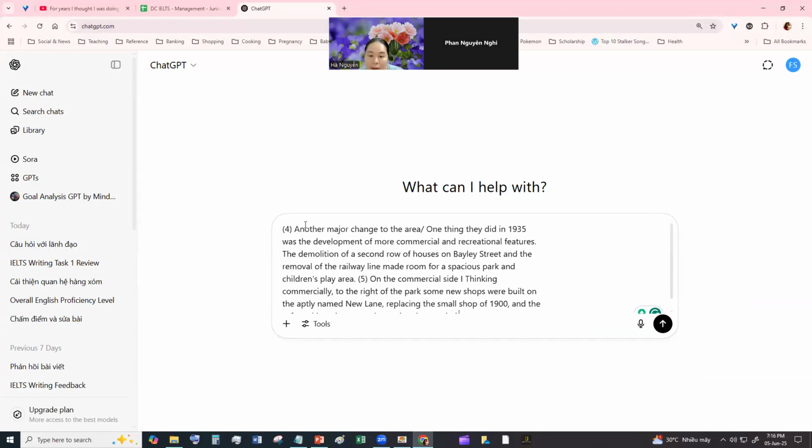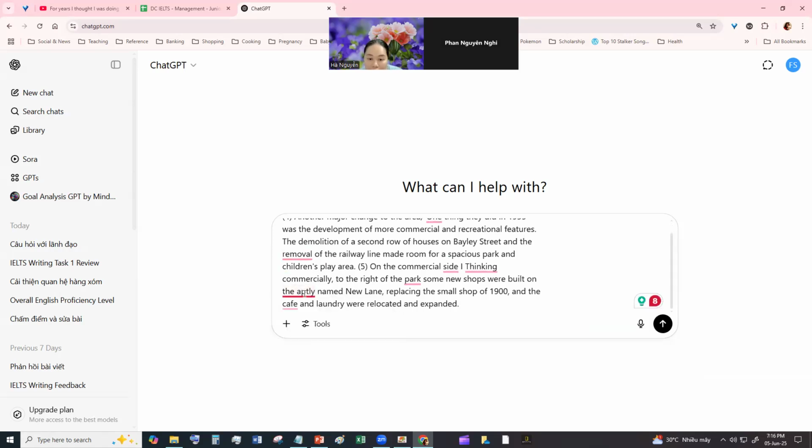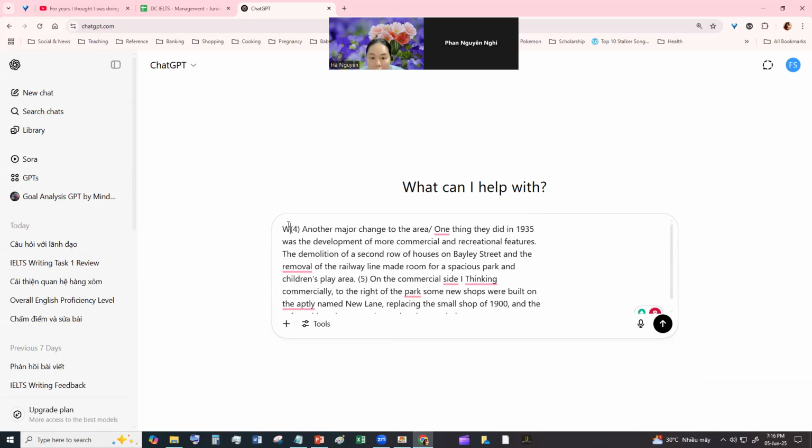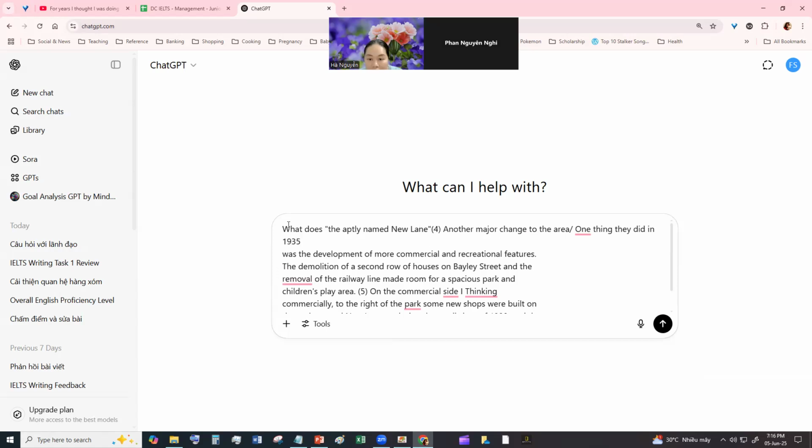Okay, so for example, for this one, you paste the whole thing in to give ChatGPT some information. So for example, your question is, what does the aptly named New Lane mean in this paragraph?